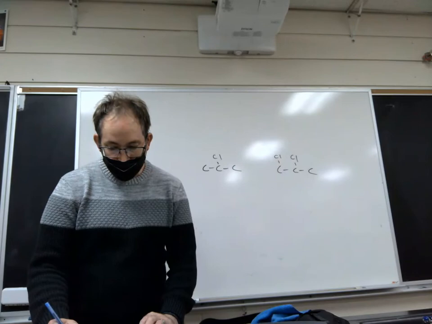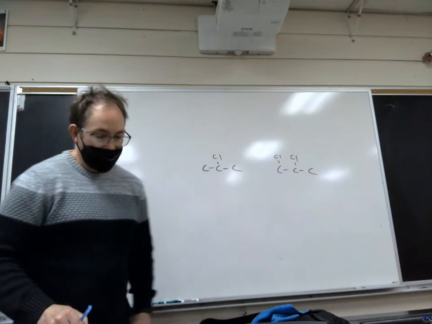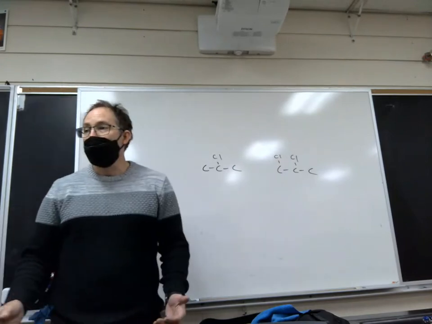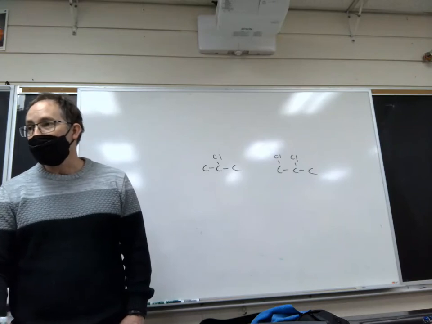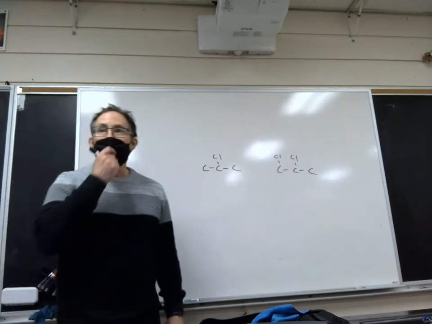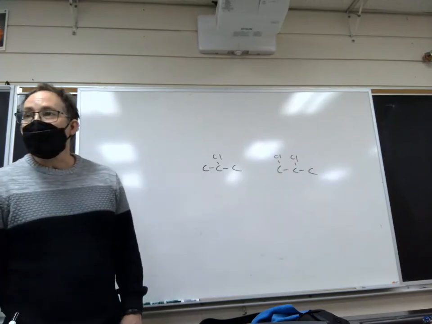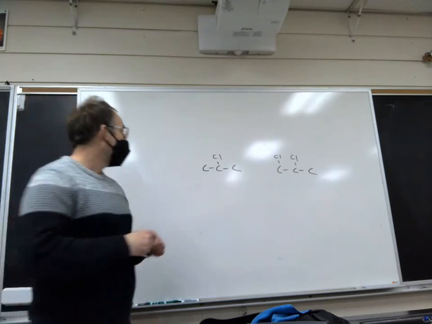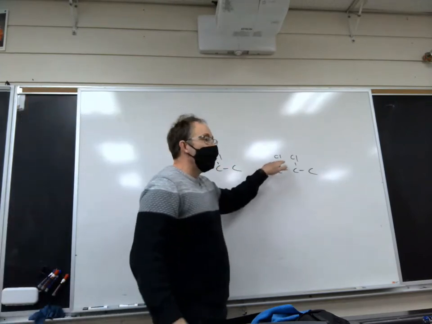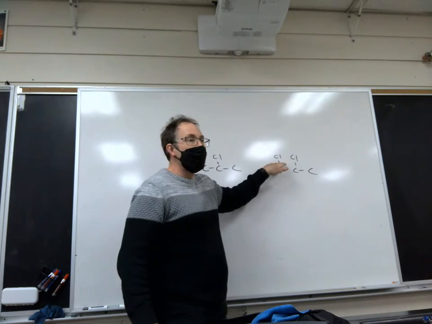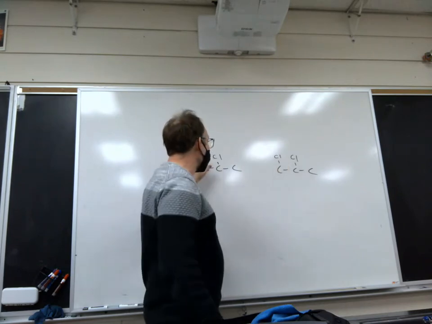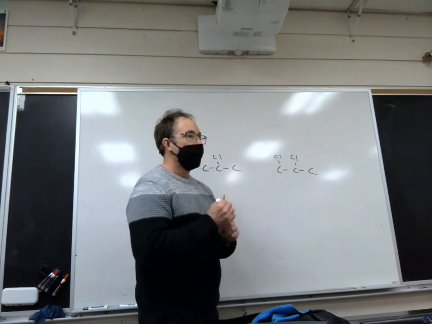Wouldn't you just have to add another chlorine? You can't add if you don't have a double bond in the carbon chain. Eliminate. Gavin's got an answer? Eliminate. Yeah, guys, anytime you end up with a functional group where it wasn't before, you've got to eliminate.